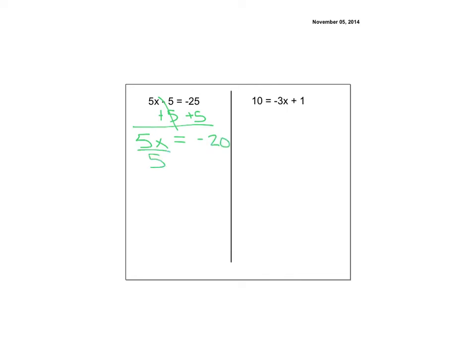We'll then divide both sides by 5, because remember that number and a letter right next to each other mean multiply. So that leaves us with x equals negative 4. Do not forget about that negative sign right there. That's a tricky piece, all right? That can get forgotten really easily.